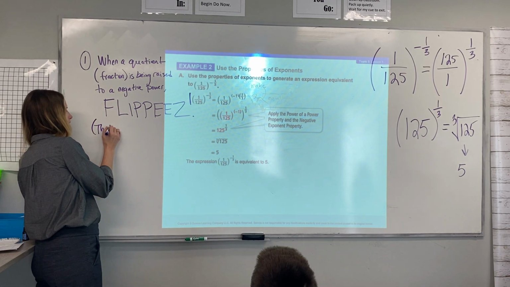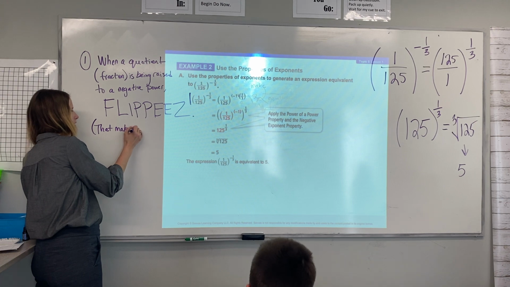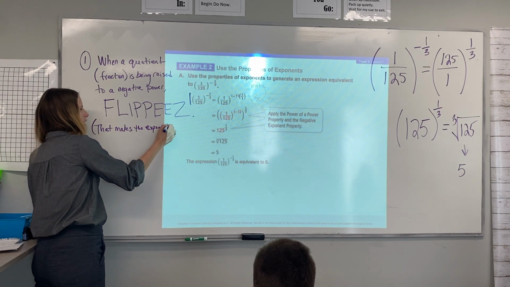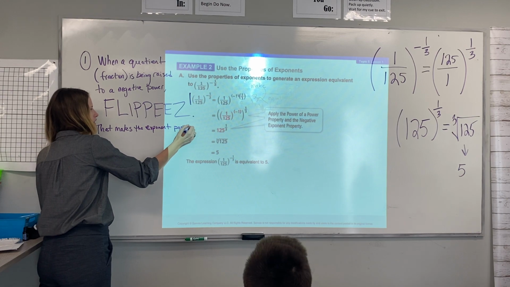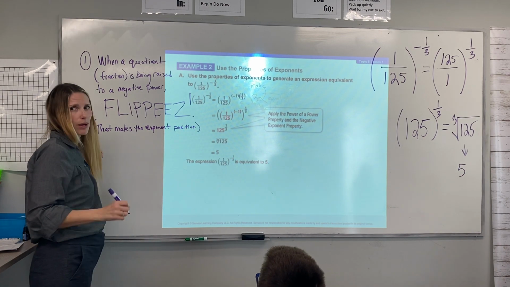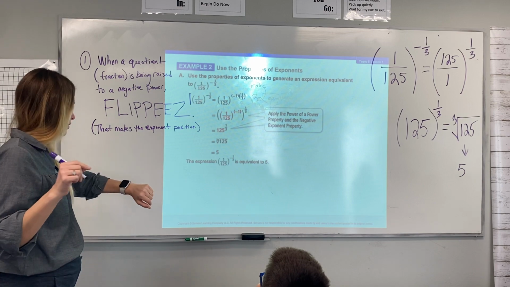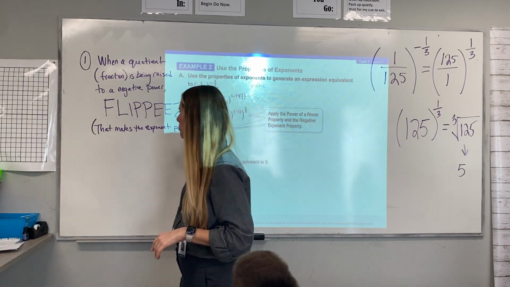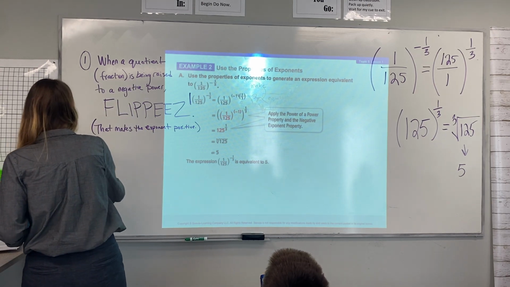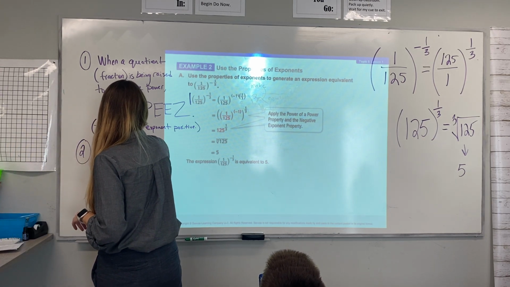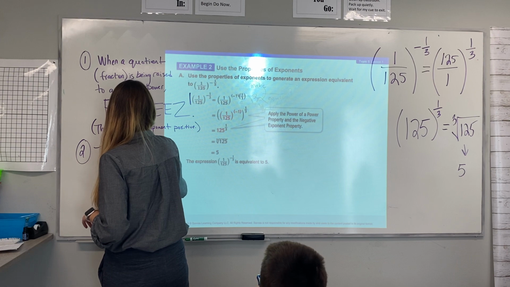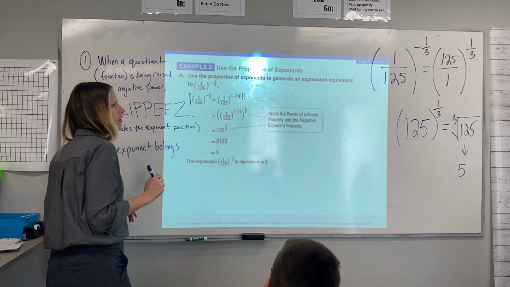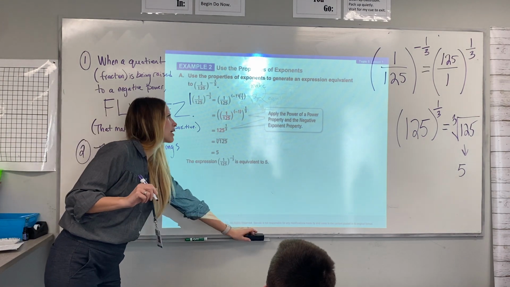That makes the exponent positive after you do flippies, okay? I still have a ton to get through. I want absolutely no talking to the end of class, okay? It's gonna get really serious real quick. Then, actually, I'm not gonna write that because we didn't have to do that for this one.